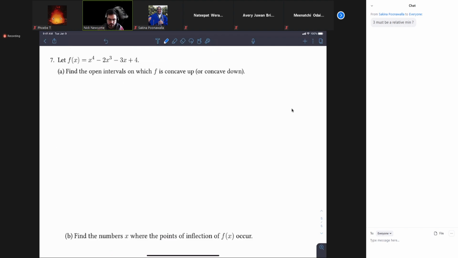All right, so to find where a function is concave up or concave down is exactly the same as trying to figure out where it's increasing or decreasing, except we'll use the second derivative instead of the first derivative.